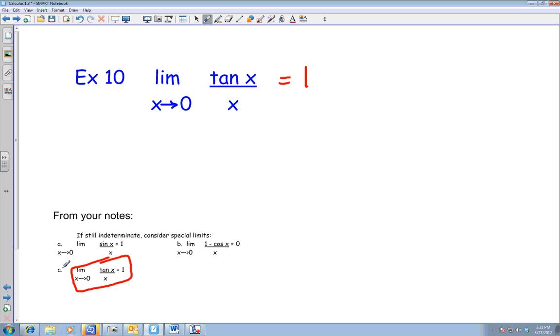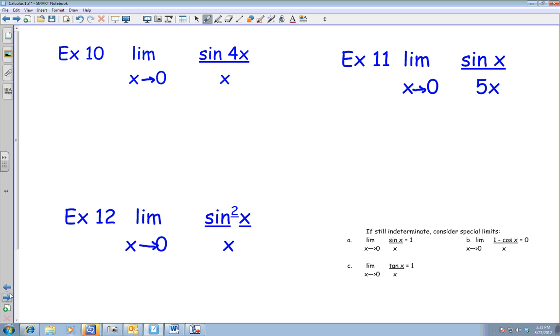Okay, now keep these special limits in mind when we look at the next one. I want to find the limit as x approaches 0 of sine 4x over x. Doesn't that look a lot like this one? The only difference is I have a 4 right here.